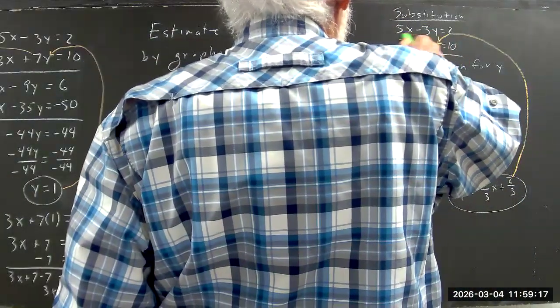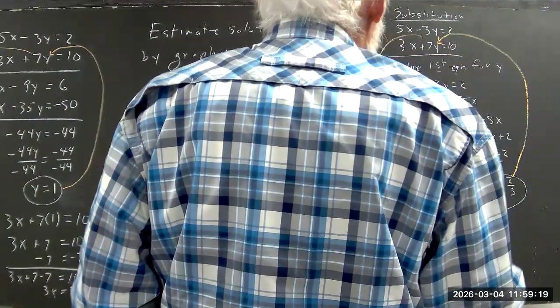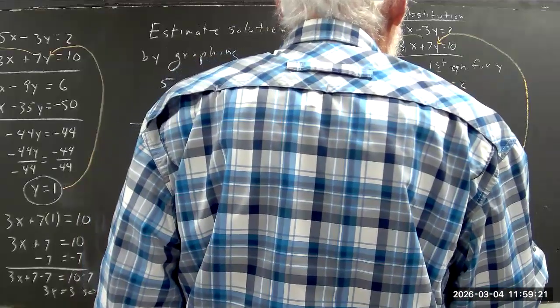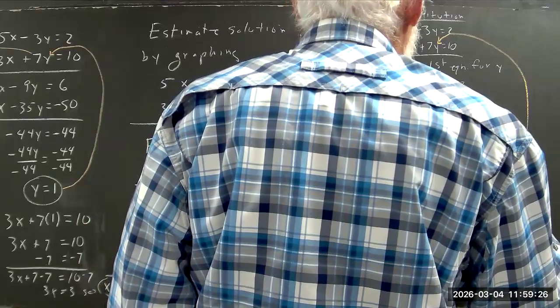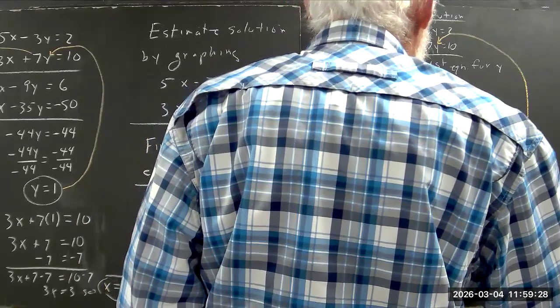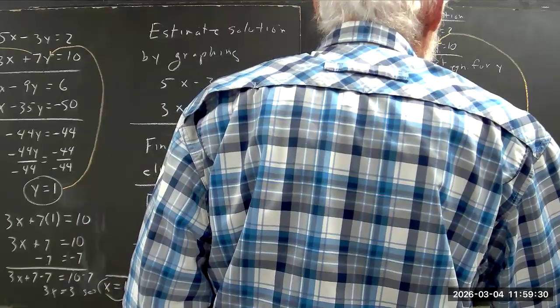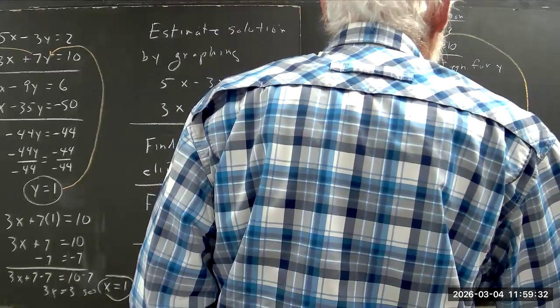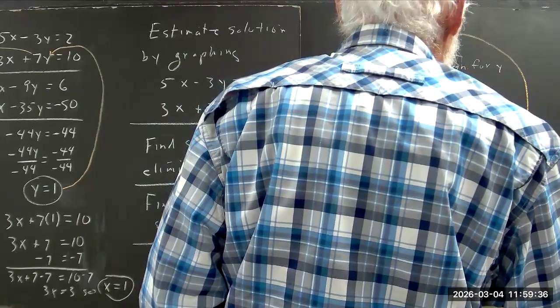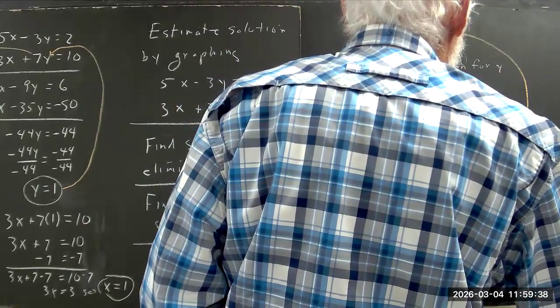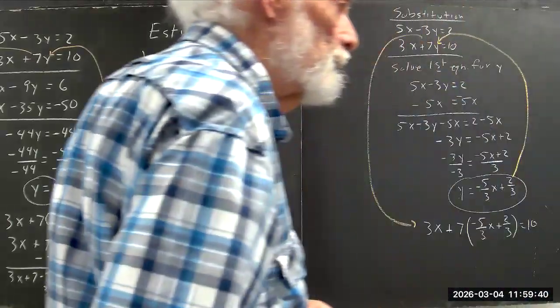So out of that, I get the equation 3x plus 7y, which is 7 times the quantity negative 5/3 x plus 2/3, equals 10.